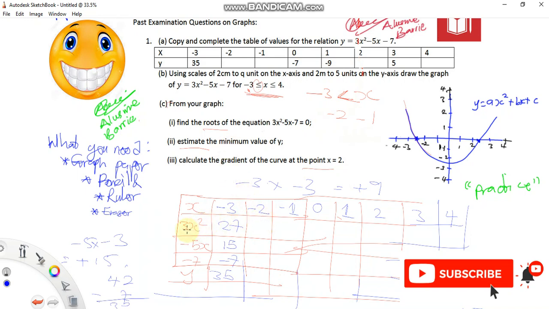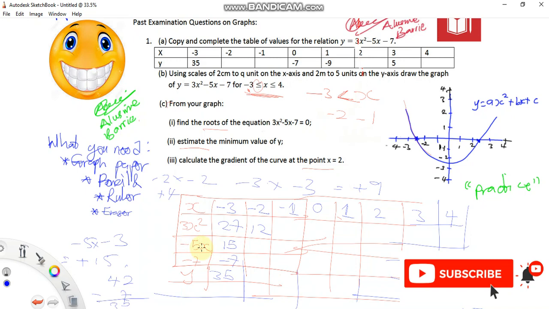Similarly, we do what we did before. We say x squared, minus 2 squared is 4, because minus 2 times minus 2, minus times minus is plus, 2 times 2 is 4. If you know your table of squares, this will just come from your head. So minus 2 squared is 4. 4 times 3 is 12. Minus 5 times x in this column is minus 2.